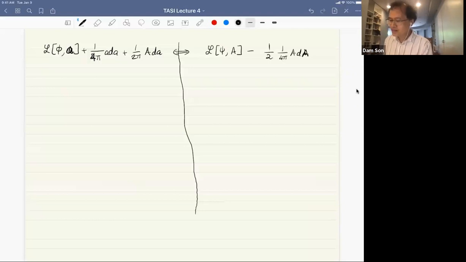So the exercise that I'm going to describe is done in a paper by Karch and Tong, and another paper by Senthil, Seiberg, Wang, Witten. And it consists of the following. Let's gauge the capital A, promote it to a new gauge field.